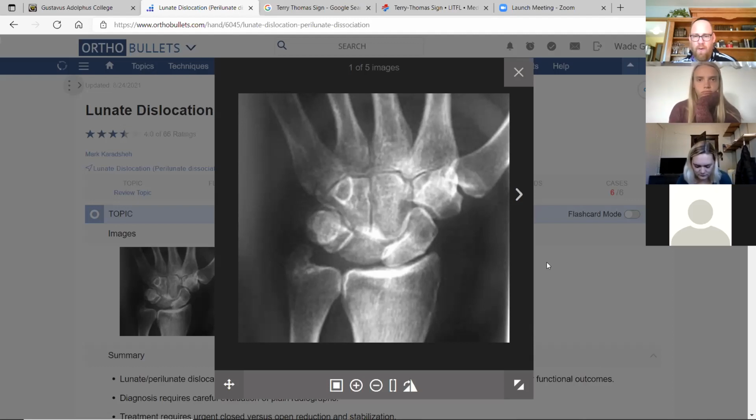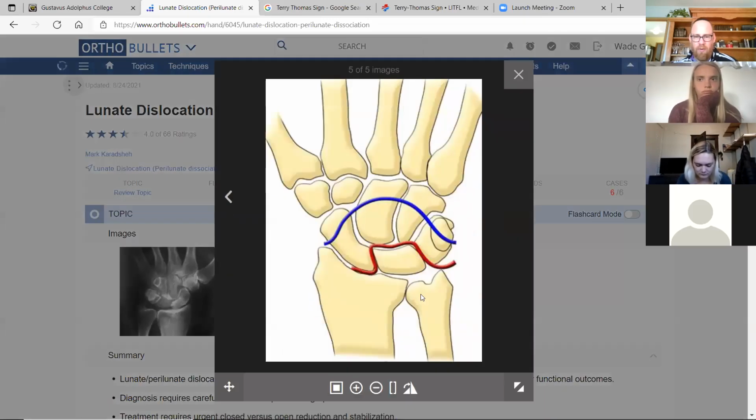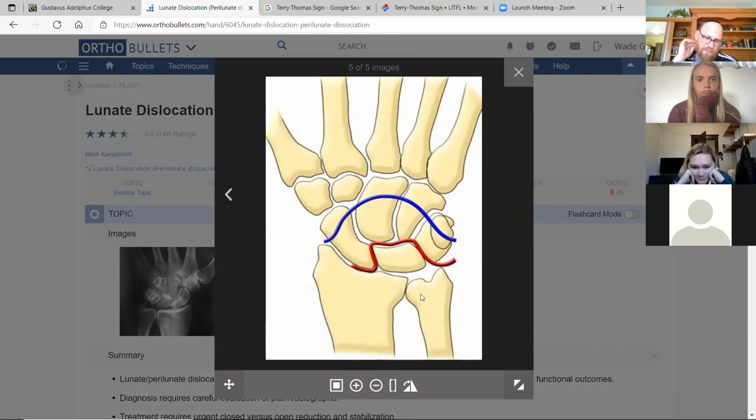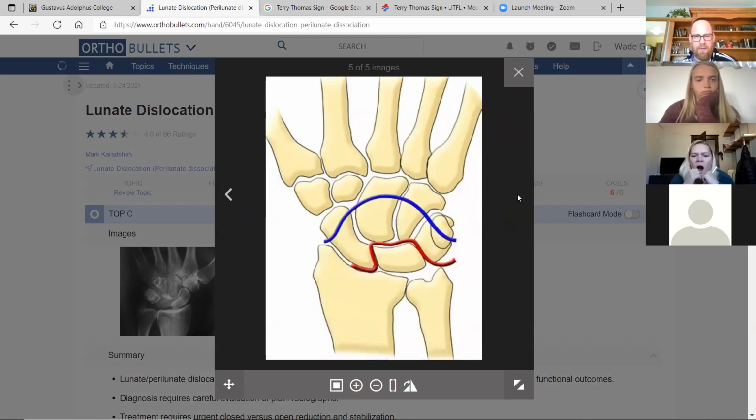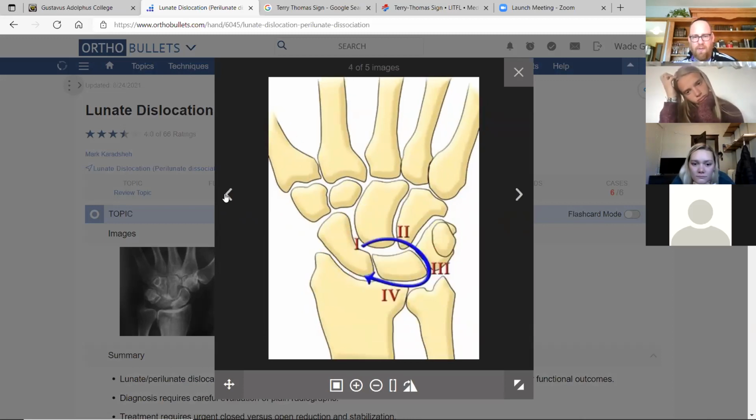So the difference, as you can see, between a lunate dislocation and a perilunate dislocation: in a perilunate dislocation, the lunate stays intact and all the carpal bones shift anteriorly, whereas with a lunate dislocation, all the carpal bones stay intact and the lunate shifts anteriorly. Does that make sense? Perfect.